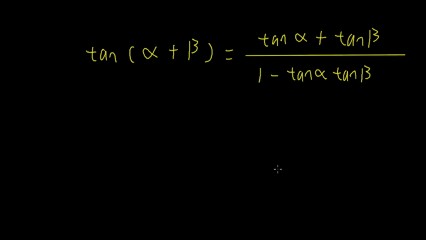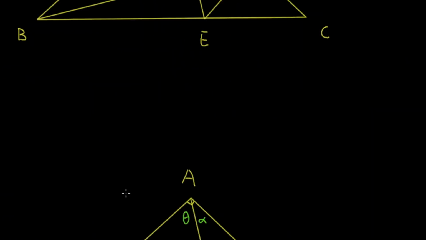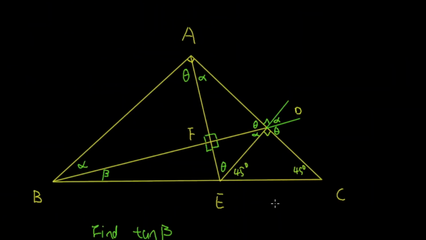Okay, first of all, what is tan alpha plus beta? Now we do know that from the very beginning, this whole angle here is the same as this angle here, which is 45 degrees. And we can say that tan alpha plus beta, which is tan of this whole angle, is equal to AC over AB.